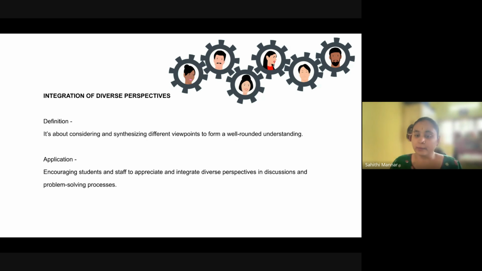Now, school management can consider the students' perspective to put a uniform, and the teachers' perspective to put formal Western wear as the uniform. But this specific decision is not considering the perspective of parents, and it is not being taken by considering the perspective of the helper staff also, right?